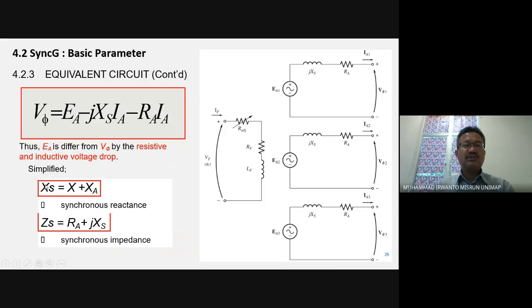Written as an impedance, Zs, the synchronous impedance, is equal to Ra plus jXs.